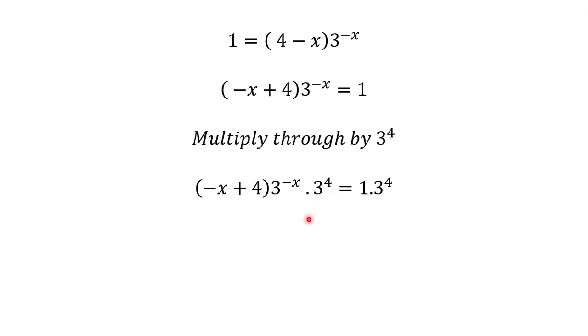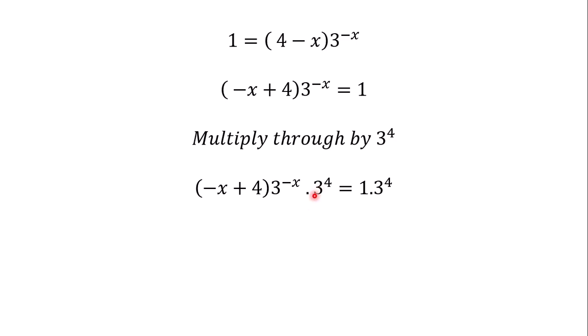Alright, somebody may ask, what if there was something attached to this 3 raised to the power 4, like another y, or anything else? What you just do is that if anything is attached to this 3 raised to the power 4, that thing will just multiply by this, and you also add the powers, as we are going to see in the next step.